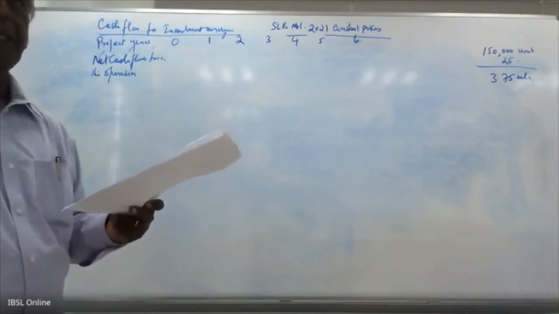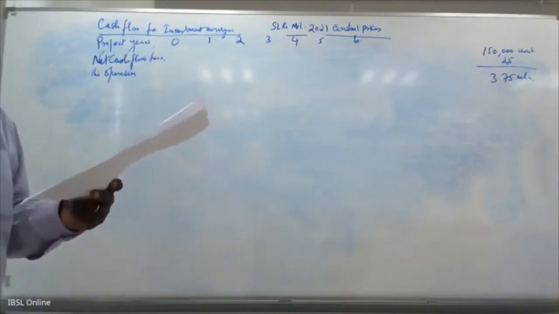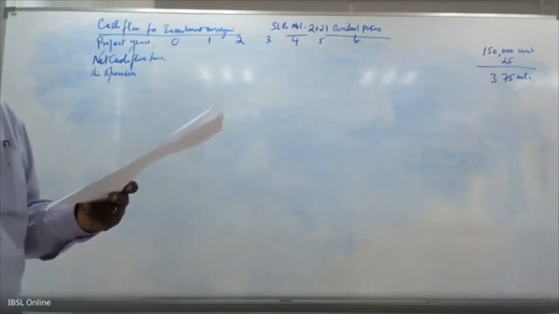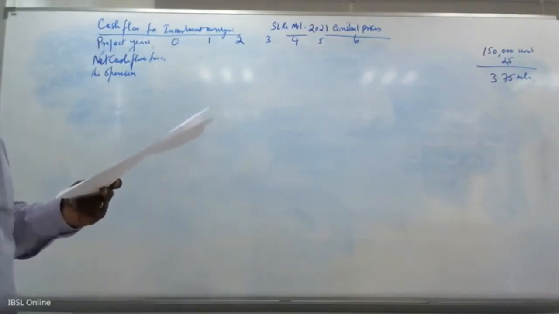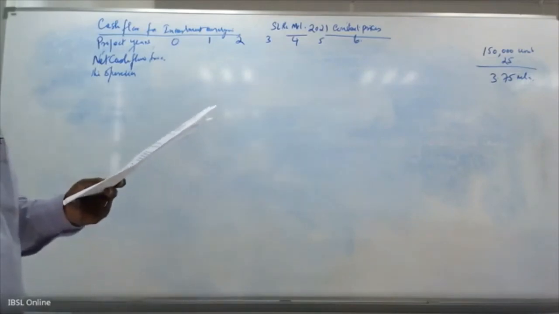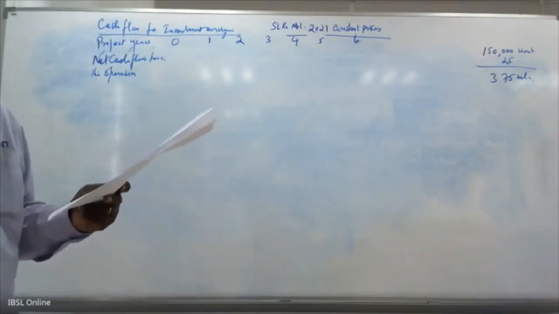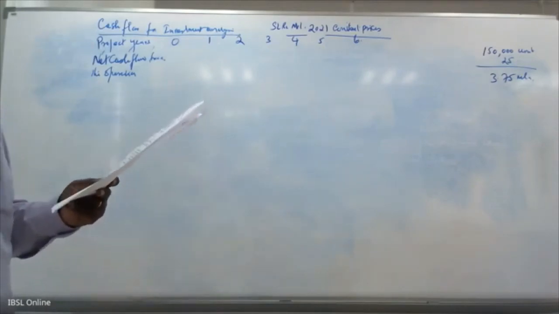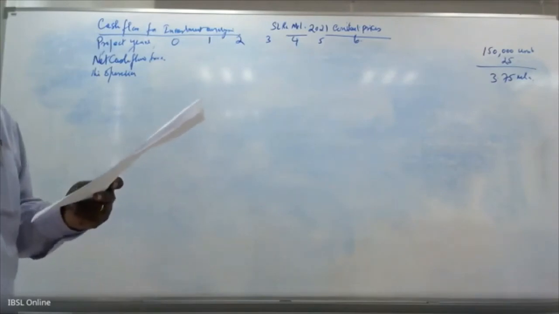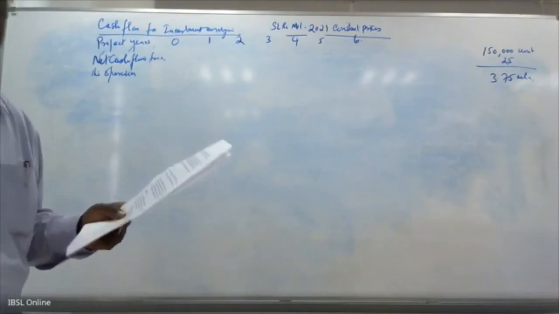That is, all the direct and indirect expenses, when you reduce from the sale price, you are getting the net cash flow from 1 unit as 25 rupees. After reducing all the expenses from the sale value, you are getting 25 rupees. So from 150,000 units, they will get 3.75 million net cash flow from the operation.